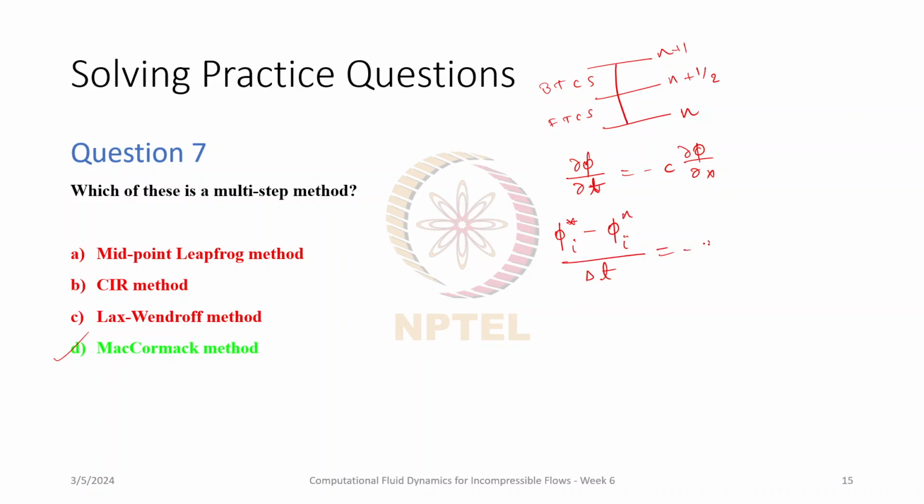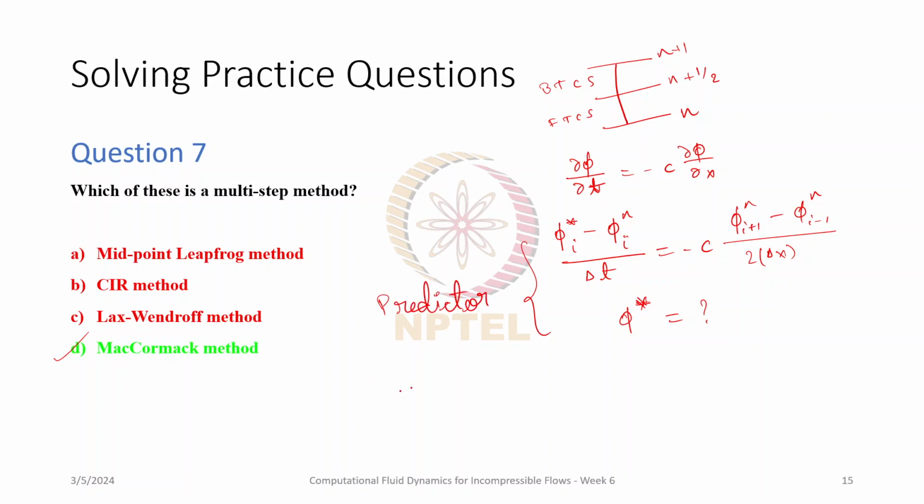Delta t equal to c, and there is nothing different here. So FTCS, 2 delta x, I plus 1 minus I minus 1, and these are all at the nth step. These are all known. From here I can find out what phi star is. This is known as the predictor step.